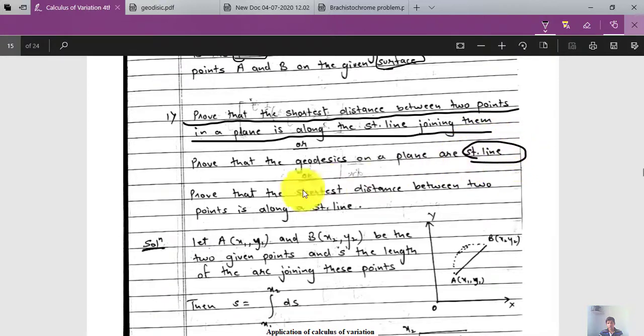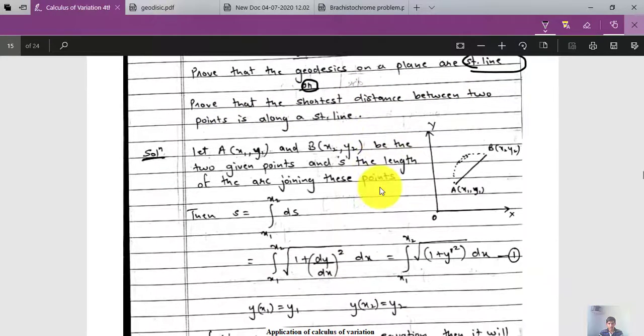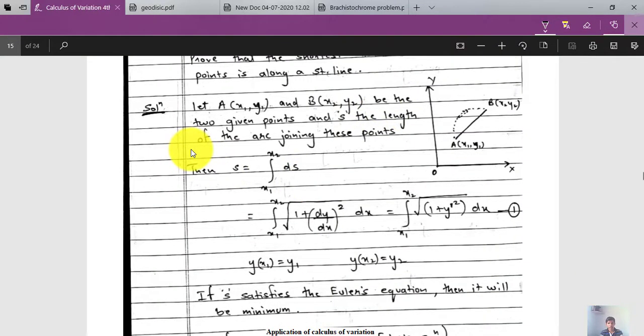Or prove that the shortest distance between 2 points is along a straight line. Now for the solution, I write: let A equal to (x1, y1) and B equal to (x2, y2) be the 2 given points, and let s be the length of the arc joining these 2 points. So let me consider this as s.